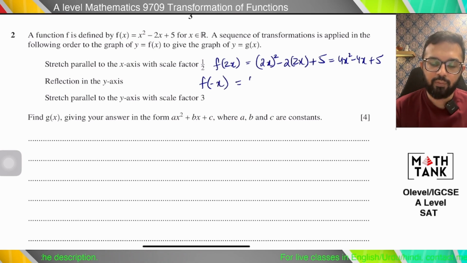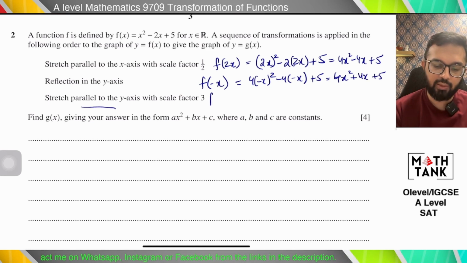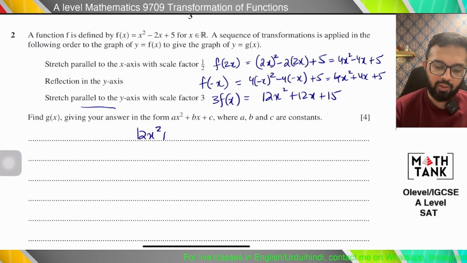So I'm going to go with 4 times minus x squared minus 4 times minus x plus 5. So I get 4x squared plus 4x plus 5. Stretch parallel to the y-axis with a factor of 3. That's 3f of x. That's going to be 12x squared plus 12x plus 15. Okay, I think that should be the correct answer.